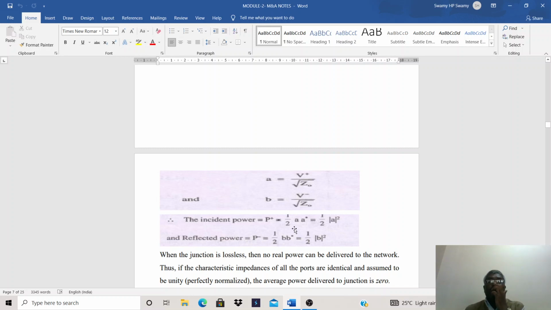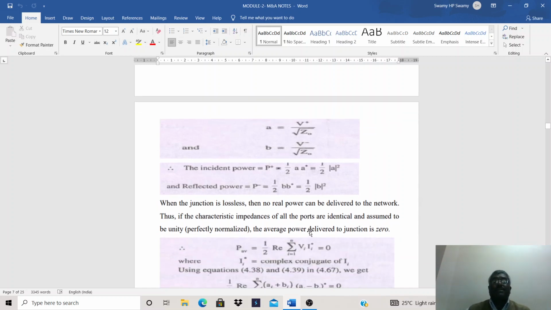Therefore, incident power P+ = 1/2 a a* = 1/2 |a|^2, and reflected power P- = 1/2 b b* = 1/2 |b|^2.